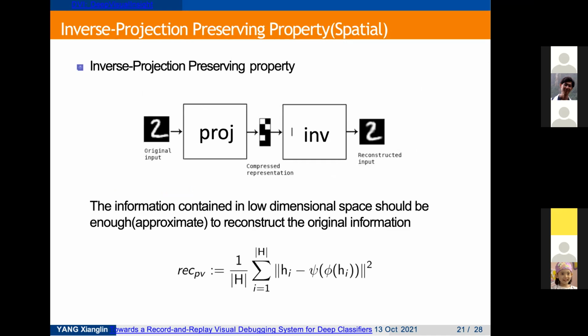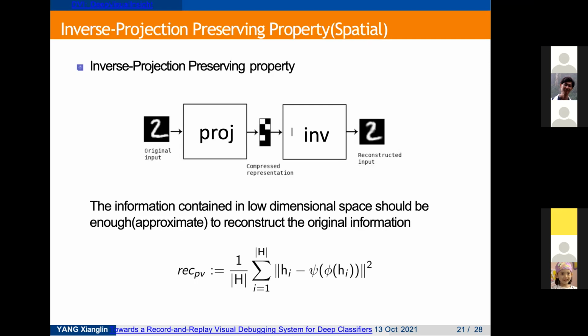Using an inverse function to reconstruct a similar input can guide the compressed information to contain more important information that can help to reconstruct the original image.